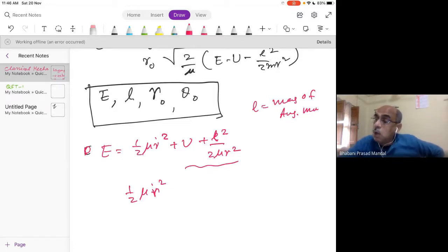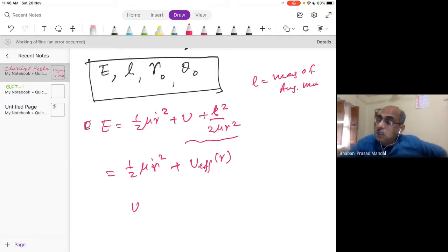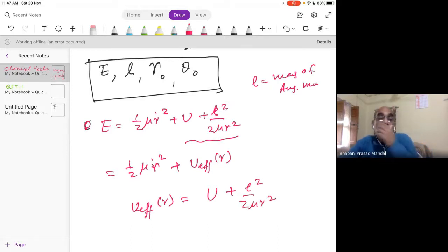So half mu r dot square plus, now these 2 quantities I define together as an effective potential. So your effective potential is the original potential U appearing in the Lagrangian plus L square over 2 mu r square. Now I am going to show you that looking at this effective potential, we can predict the motion of the particle, what kind of motion the particle will have.